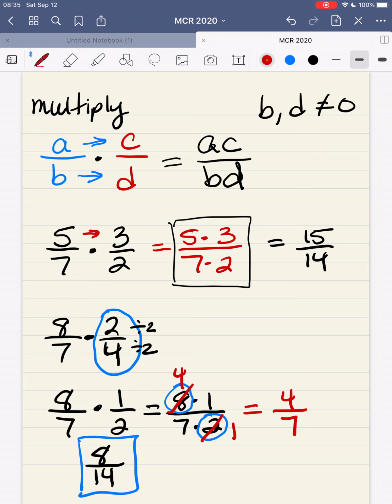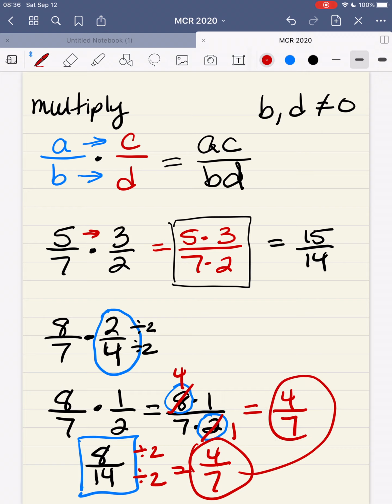So I can take those and divide by 2, which gives me 4 on the top and 7 on the bottom, and I get the exact same thing here and here. So it doesn't matter what method you use to simplify your fraction, you just have to make sure that your fraction is completely simplified before you put your answer in.